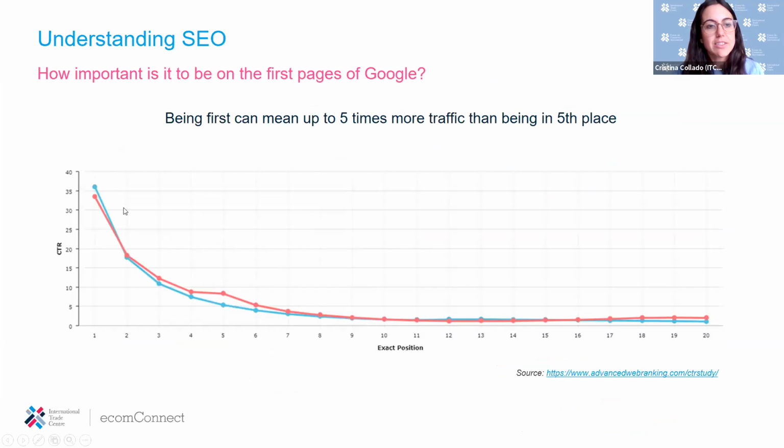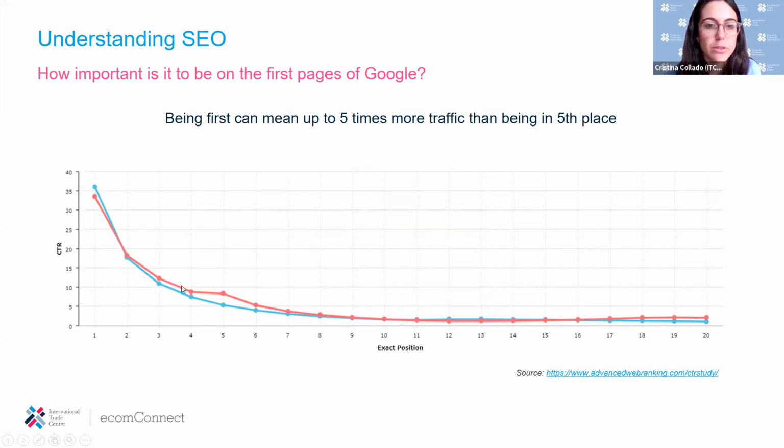This graphic is interesting because here we can see the importance of being on the first pages of Google. As you can see, the click-through rate on the first page of Google is, let's say, 35.